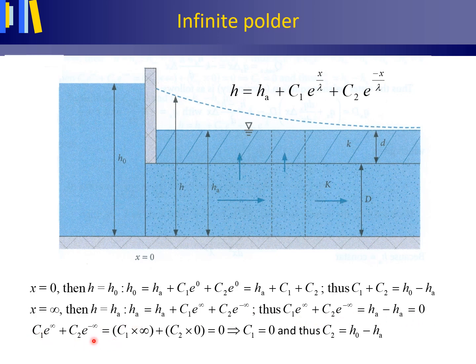Of course, e to the power minus infinity is 0, and e to the power infinity is infinity. And in order for this addition of terms to be 0, this term already is 0. C1 must be 0. So C1 is 0, and thus C2 equals h0 minus ha.